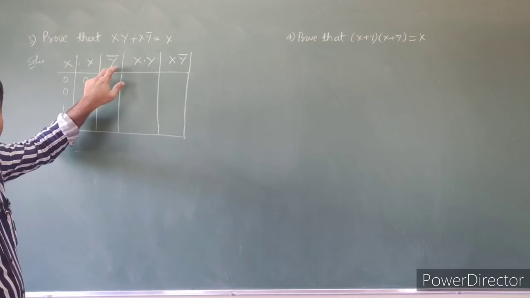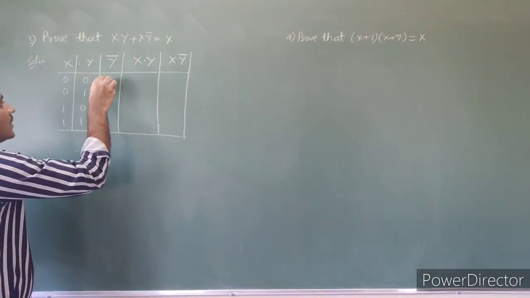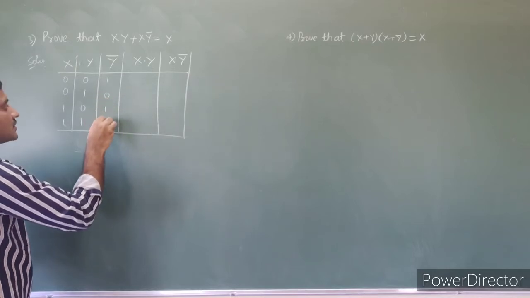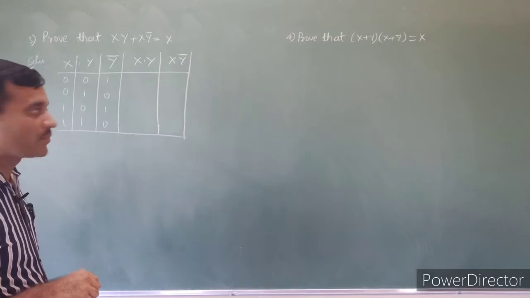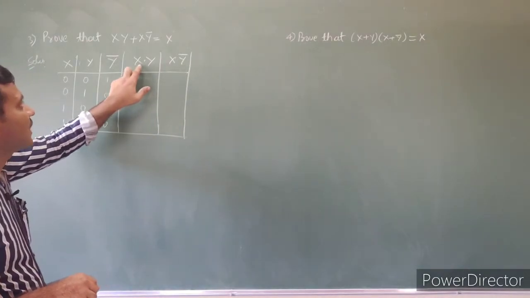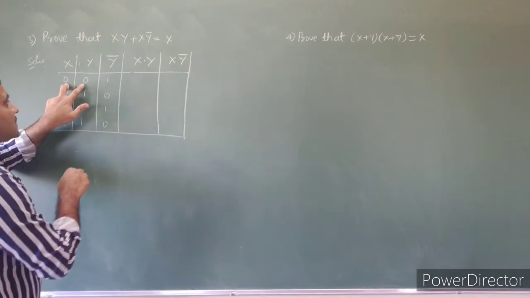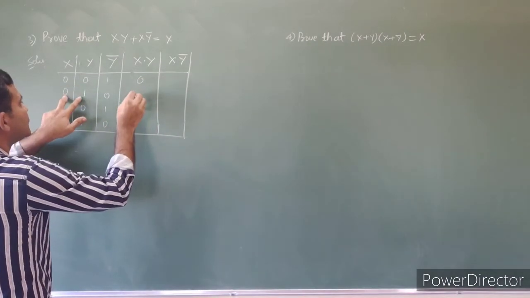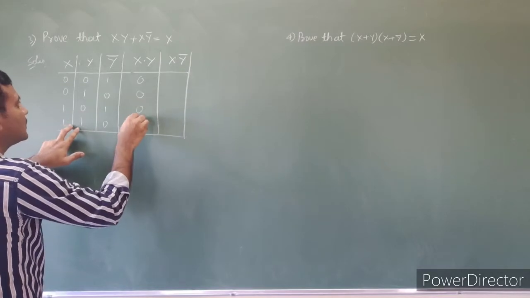First we have to find the y bar. So y bar here is 1, 0, 1, 0. Just negate the column y. That results in y bar. Next priority goes to x into y, the AND operator. Observe the columns x and y. 0, 0 gives 0; 0, 1 gives 0; 1, 0 gives 0; 1, 1 gives 1.